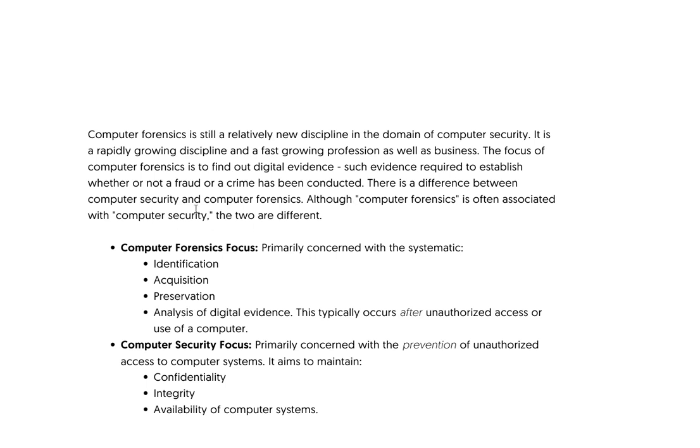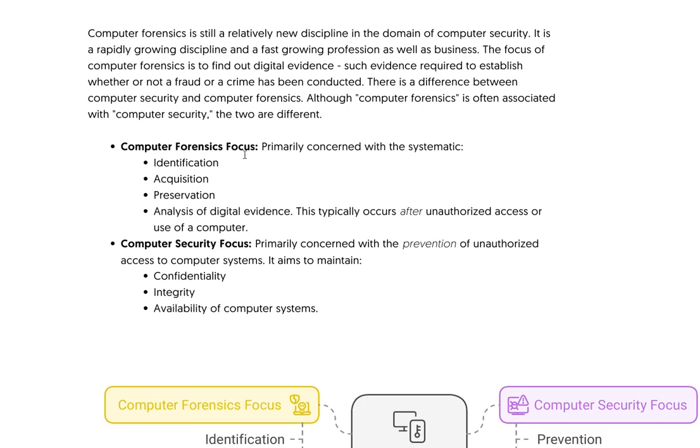There is a difference, as I already told you, between computer security and forensics. Although computer forensics is often associated with computer security as a subdivision, both are different. We'll see how. Computer forensics primarily focuses on identification, acquisition, preservation, and analysis of digital evidence.